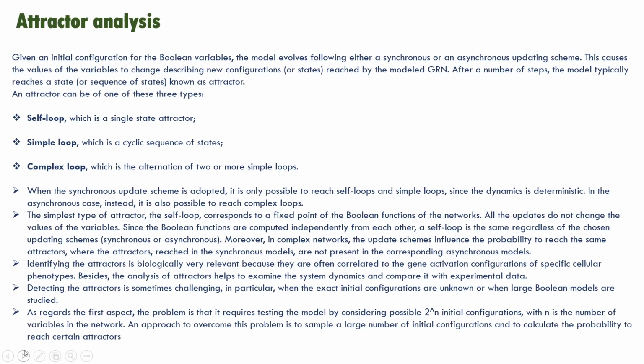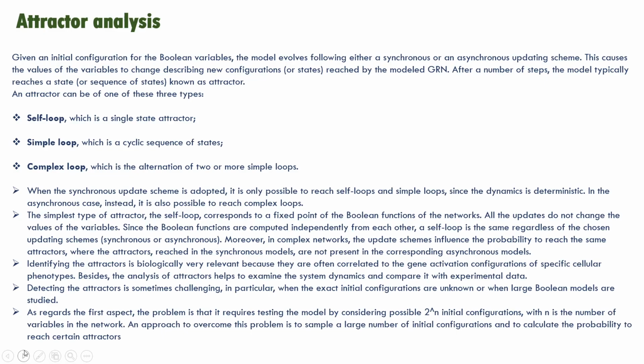Moreover, in complex networks, the update schemes influence the probability to reach the same attractors, but the attractors reached in the synchronous model are not present in the corresponding asynchronous model. So in complex networks, when you update using synchronous or asynchronous schemes, the update schemes generally influence the probability to reach the same attractors.